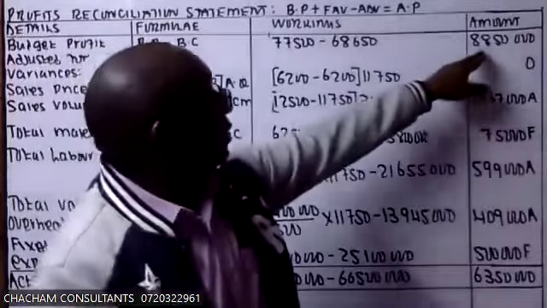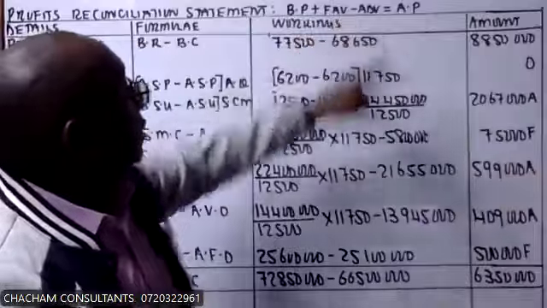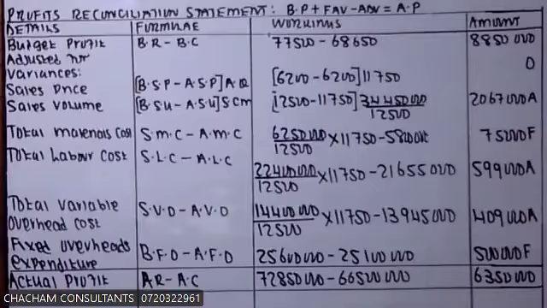You take this profit, the budget profit, you add the favorables, you less the adverse. I can also confirm. Okay. 850 minus 2067 plus 75 minus 599 minus 409 plus 500.